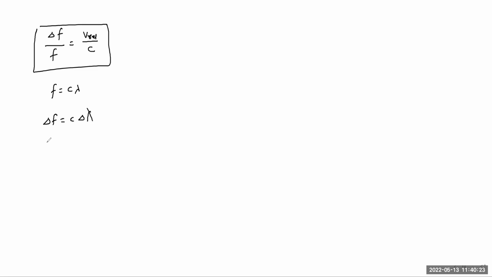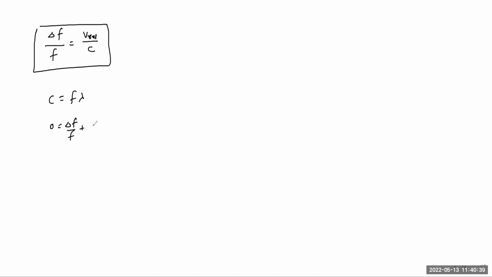So the change in frequency of the observed and the transmitted upon the original frequency is the relative velocity of the source and observer upon speed of light. We know that c equals f lambda. You can just differentiate this.